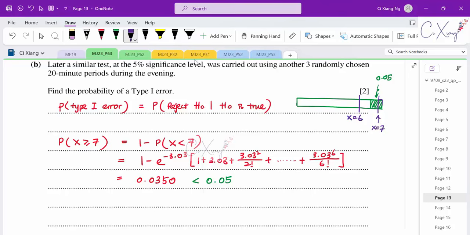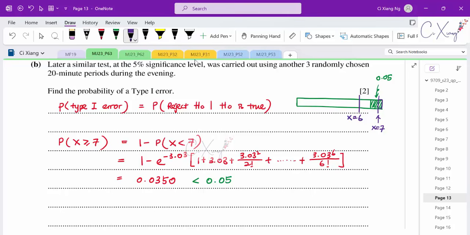So the area for x greater or equal to 7 is 0.03, and therefore you can see x equals to 7 falls under the rejection region. Okay, so x equals to 7 is the first number that falls under the rejection region, because previously when I had x equals to 6, it is acceptance. Then x equals to 7 is rejection. Therefore, x equals to 7 is actually our rejection area.